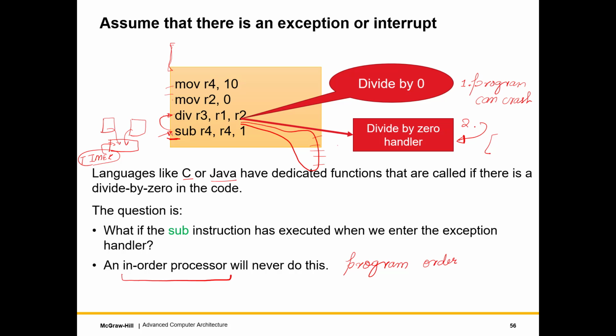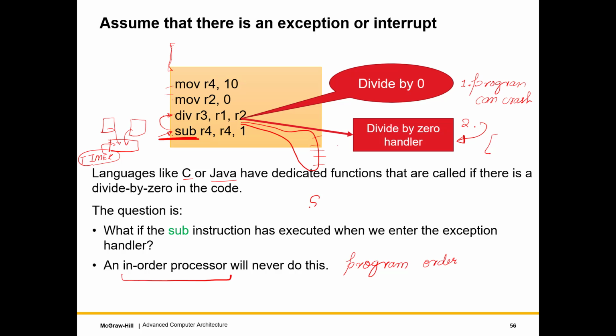So not only is this very helpful from the point of view of an exception handler, it is also very helpful from the point of view of an operating system, which essentially sends an interrupt to the program, makes it stop at a certain point, and then resumes the program at the same point. If, let's say, things were executing out of order, something before this point has not finished, something after it has finished, the stop and resume will become very hard.